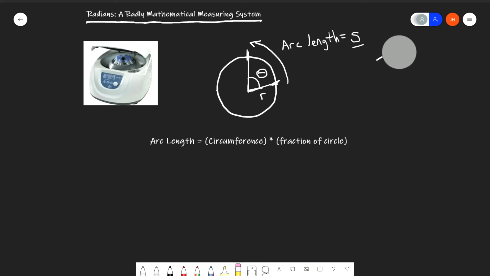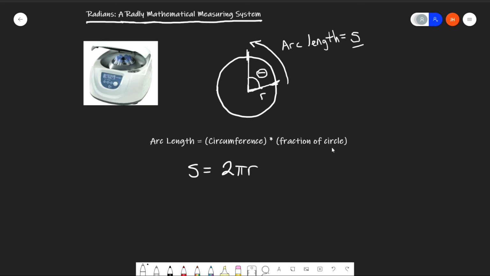So what I want to do is look at this formula and compare what happens when I'm measuring my angles in degrees versus radians. So arc length we defined as s. So I have s equals the circumference. No matter what units you're using to measure an angle, the circumference is always going to be 2 pi times the radius.